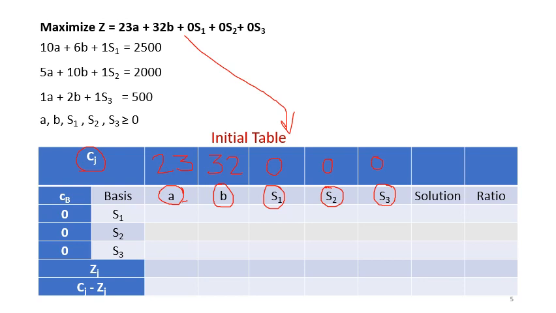Similarly, when I go to the equations, in the first equation, a has a coefficient of 10, b has a coefficient of 6, s1 has a coefficient of 1, s2 and s3 have coefficients of 0, and the solution is 2500.